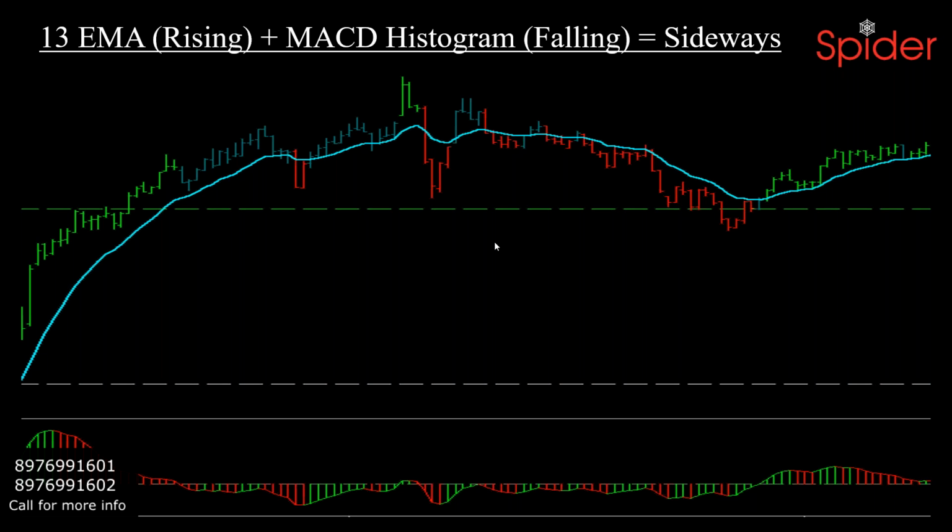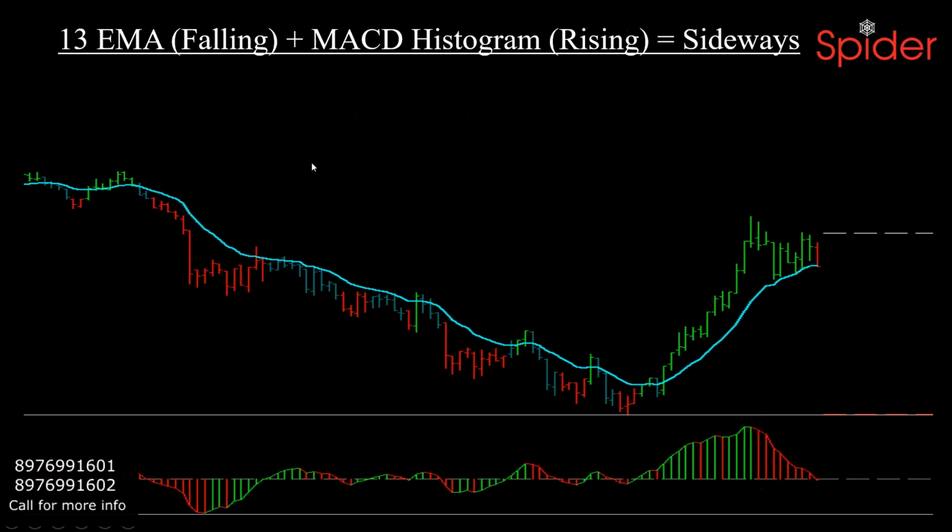The market players are very much confused with this script, so we will wait for momentum. I'll also tell you how to catch momentum where you will get a good movement on it. There are two conditions of sideways: the EMA is falling and MACD is rising, or the EMA is rising and MACD is falling.